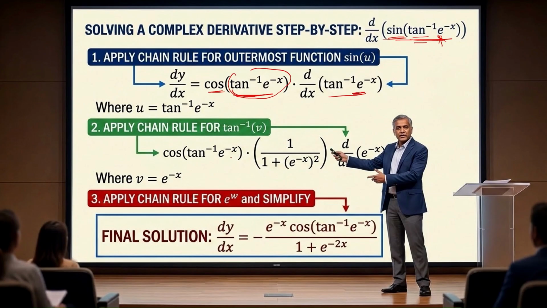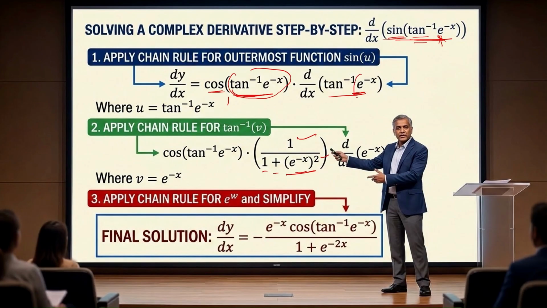What is the differentiation of tan inverse x? 1 by 1 plus x square. What is x here? E power minus x. This function stays as it is: cos of tan inverse e power minus x. Again, the tan inverse differentiation is 1 by 1 plus x square, where x is e power minus x, whole square.